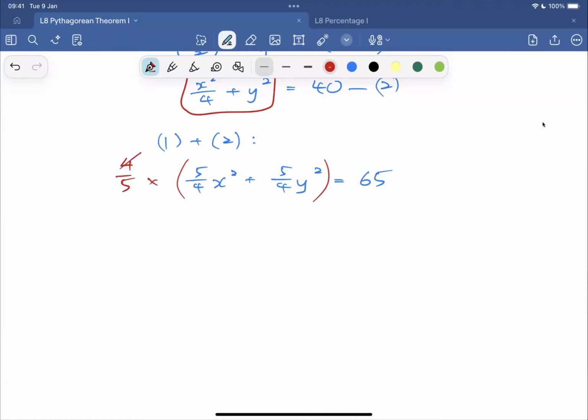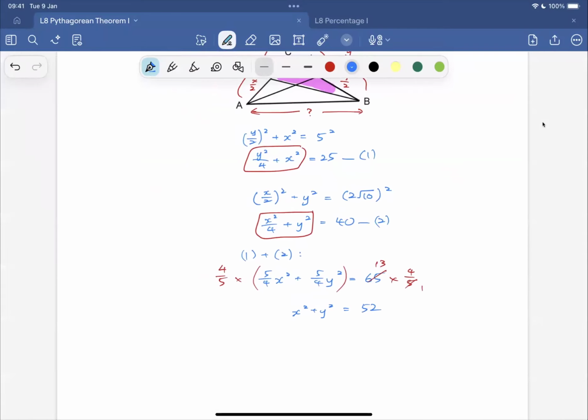Then you can cancel the 4 and also get rid of the 5. Correct or not, students? So let's multiply everything by 4 over 5. That makes it easier. In the end, we'll end up with x squared plus y squared equal to 65 divided by 5, 13. 13 times 4 is 52. X squared plus y squared equals 52.